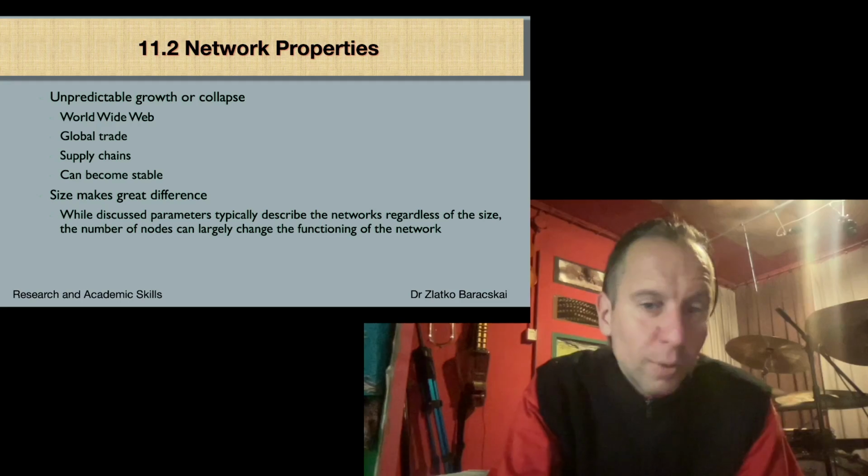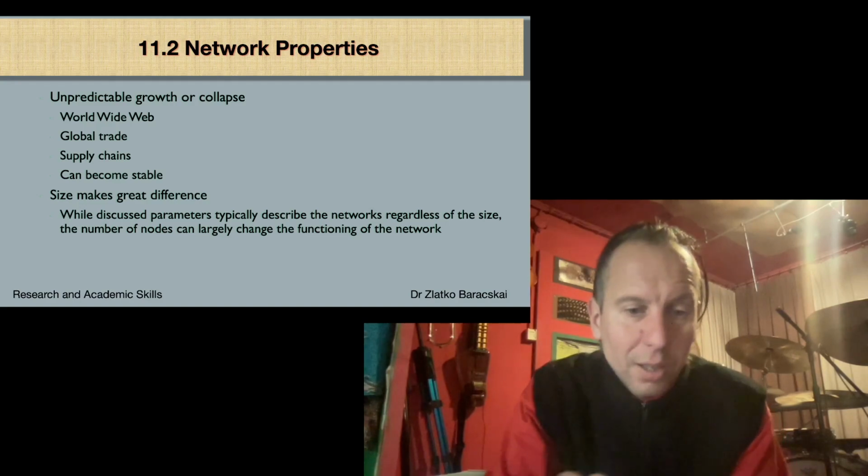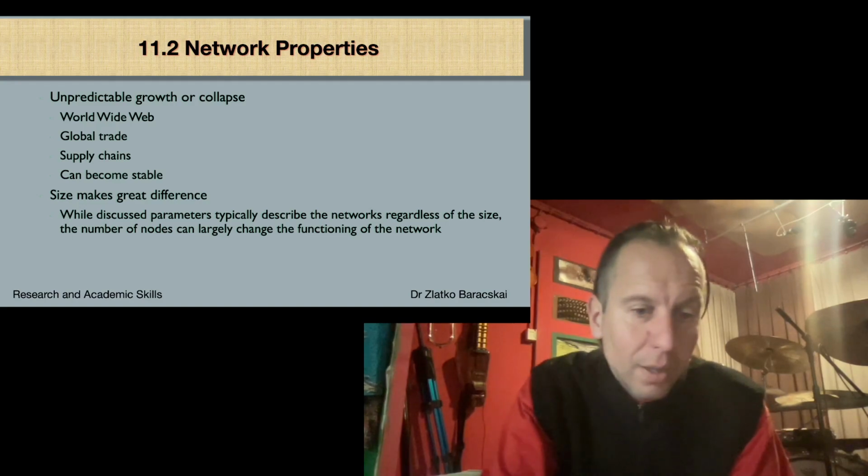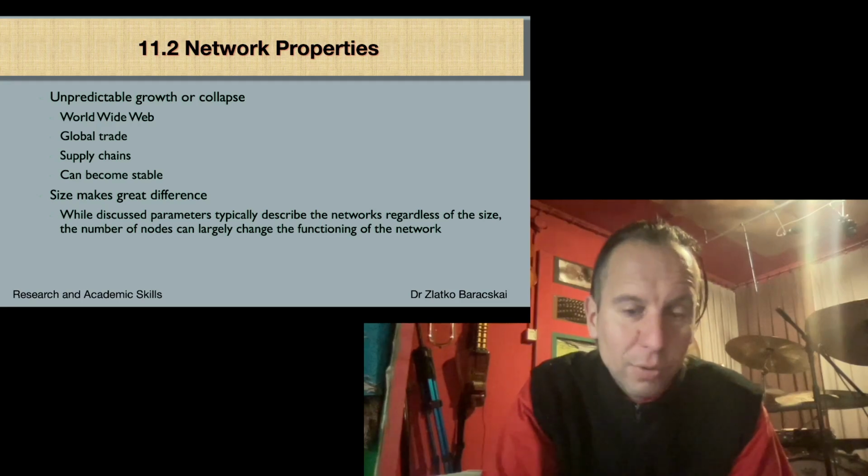Now, in terms of networks, it is crucial to understand that the size, the amount of elements in the network, will change the property as well. So each element will remain the same, but if we have a huge amount of elements, typically the property of the network as a whole will change.